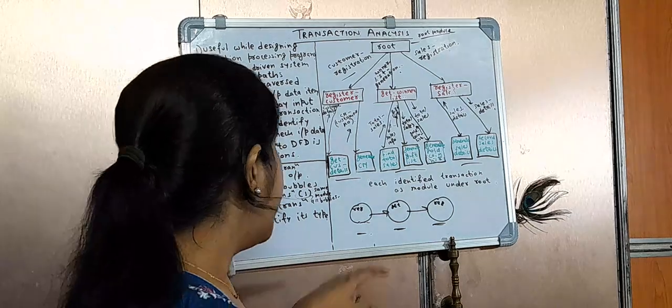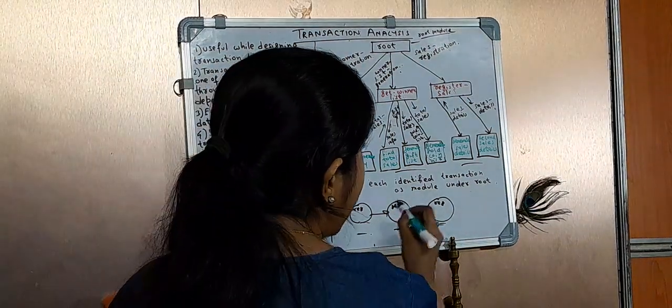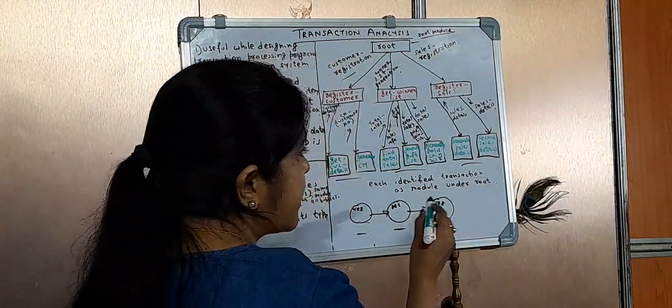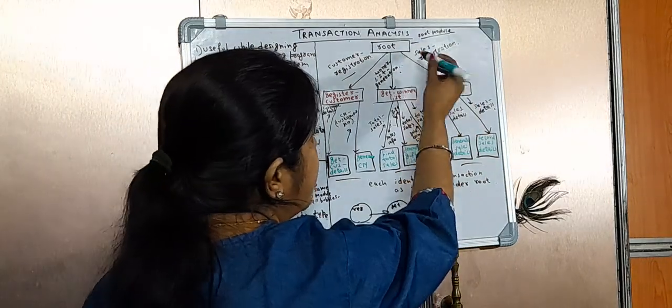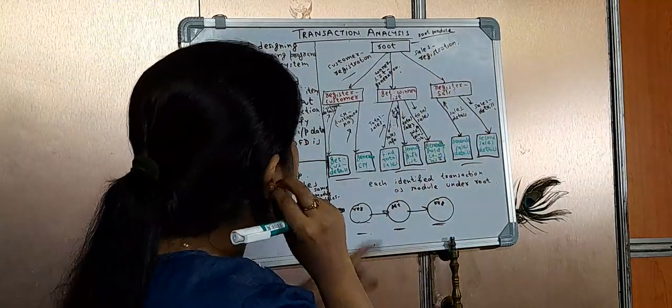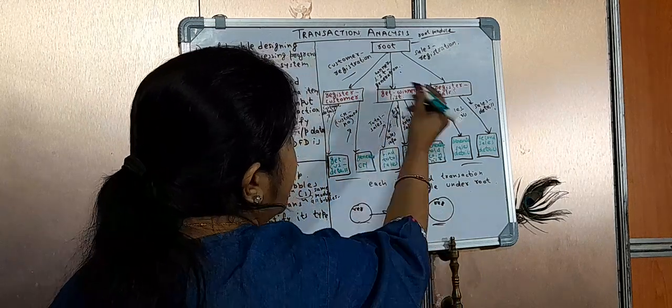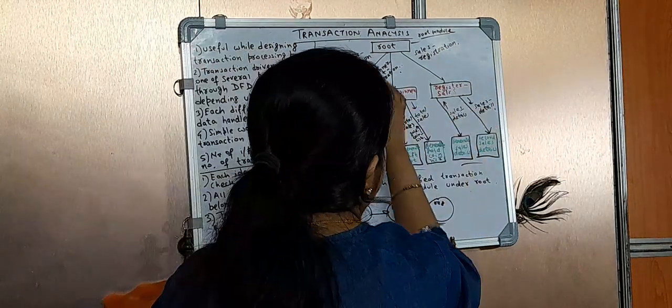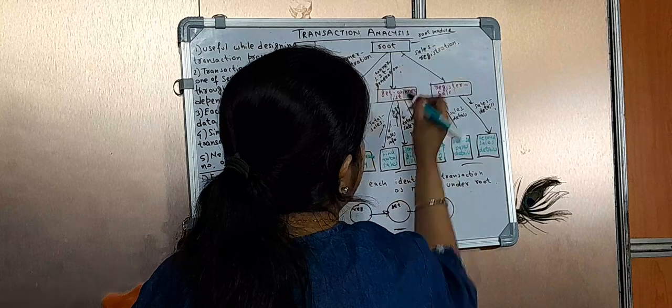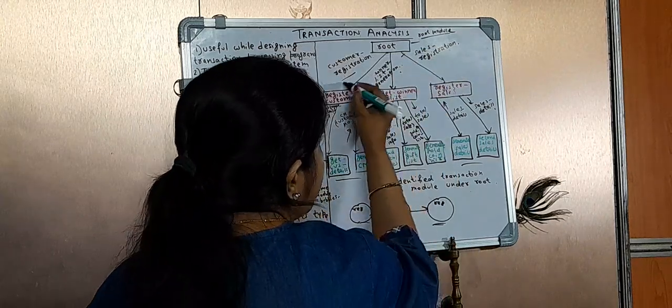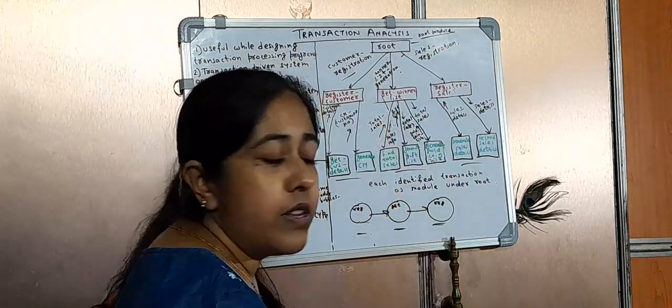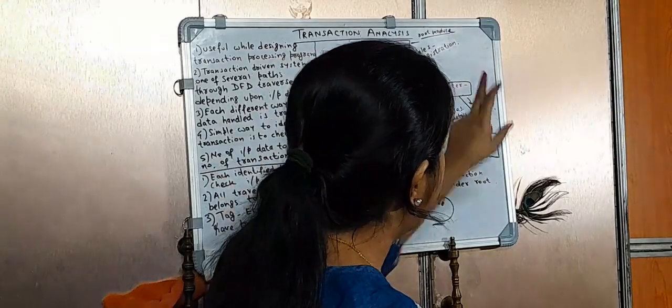Now what we have to see: each identified transaction as a module under the root module. Here is your root module, and whatever transaction you identify will be shown as particular modules. This is my root module, this whole thing will be one module, this will be another module, this will be another module.